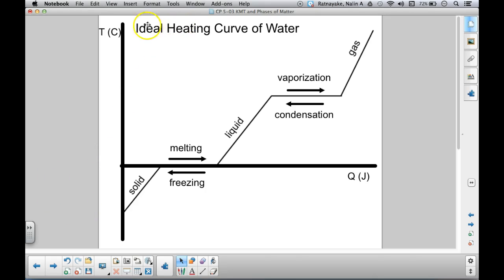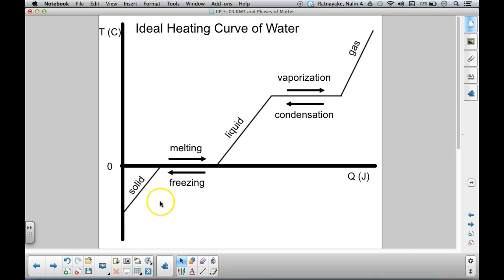So if we look at what's called the ideal heating curve of water, we're going to start below 0 in solid, because when water is in a solid form we call it ice, and water freezes at 0 degrees Celsius. So this line right here is 0. That is 0 degrees Celsius. And anything below 0 degrees Celsius for water is ice.